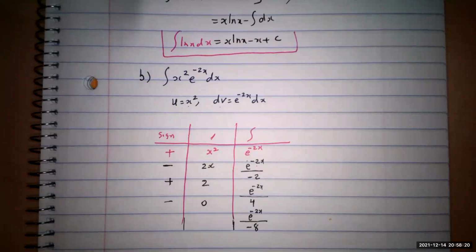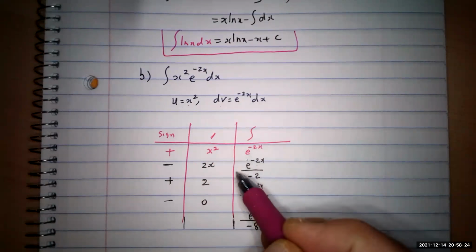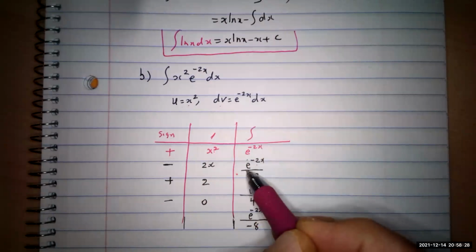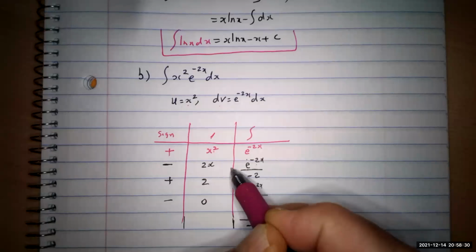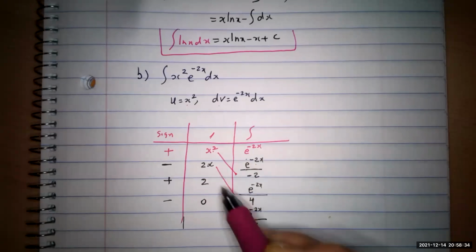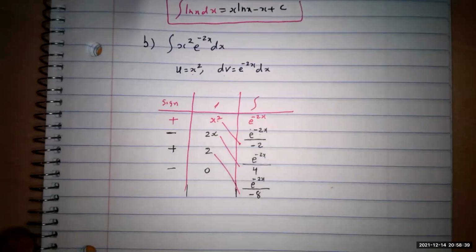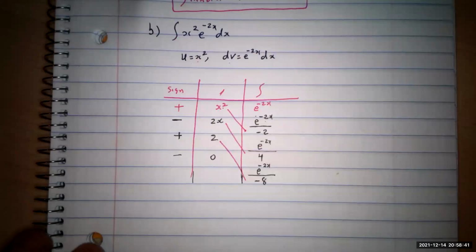Now this is the way you're going to pick the solutions, like the u dv that we did before. This is u, this is v, uv, uv, uv. This is the way you're going to write the final answer. So what's going to be the final answer?